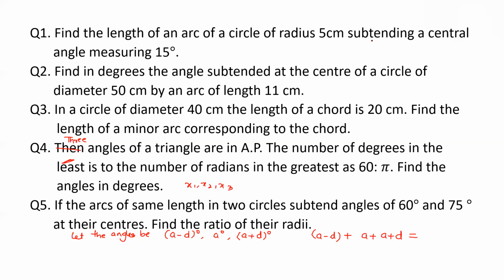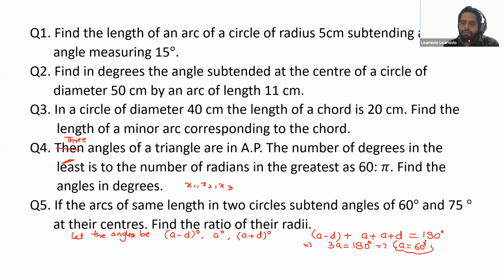Very good. Okay. So the sum of 3 angles of a triangle is 180 degree. Now, what will happen if you add this? D will cancel out. You will get 3a. 3a will give you 180 degree, and finally a will give you 60. So we get a is equal to 60 degrees. Okay, we get the value of a. Now we just need to find the value of d, and then we can find all the three angles.